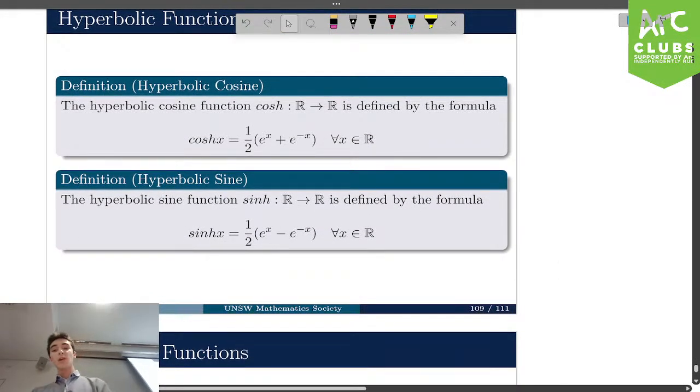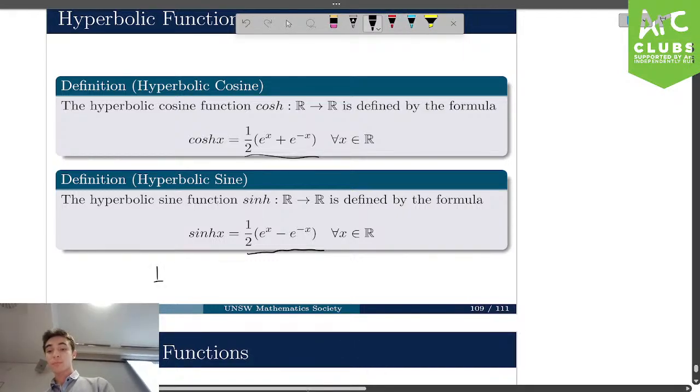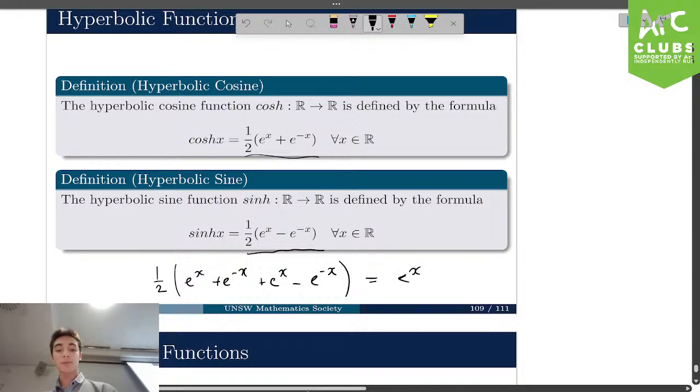One thing you'll note is that if you add these two expressions together, our definitions for hyperbolic sine and hyperbolic cosine, you get 1/2 of e to the x plus e to the minus x plus e to the x minus e to the minus x, and that ends up being just e to the x. This is what you get when you add hyperbolic sine plus hyperbolic cosine.